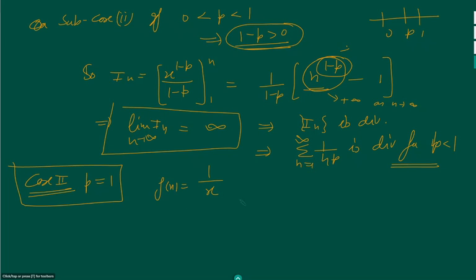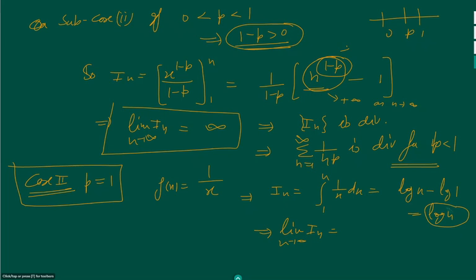That implies I_n would be the integral from 1 to n of 1 over x dx, and that is just log n minus log 1, that is log n only.